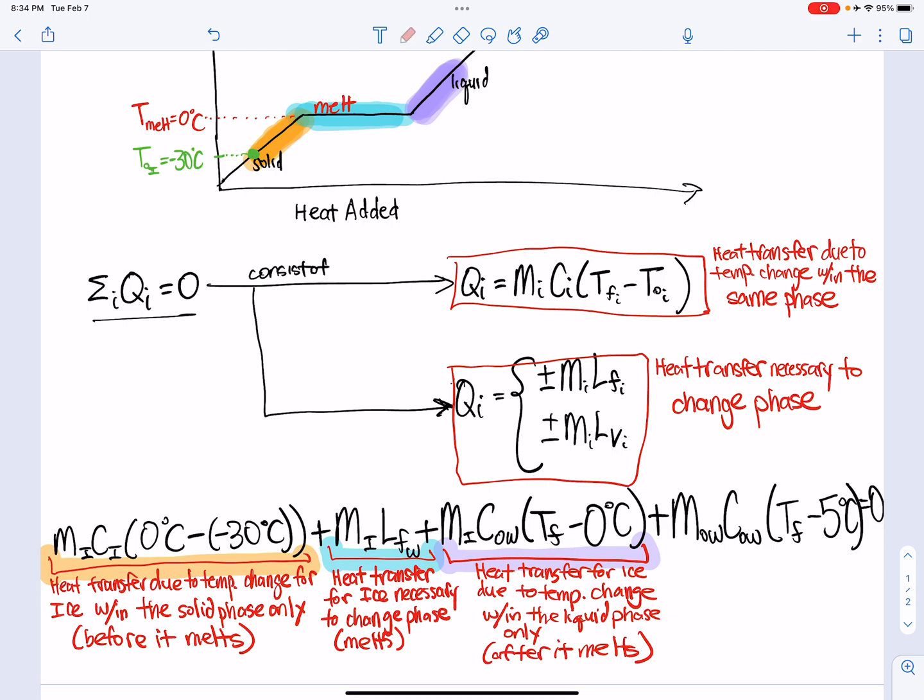Okay? And lastly, this part of the equation right here is the heat transfer for ocean water. I'll call it OW, due to temperature change within the same phase.